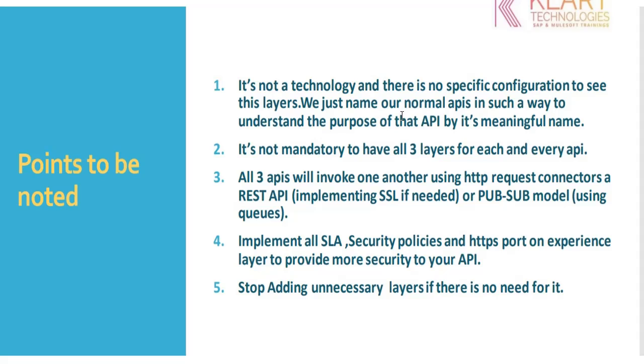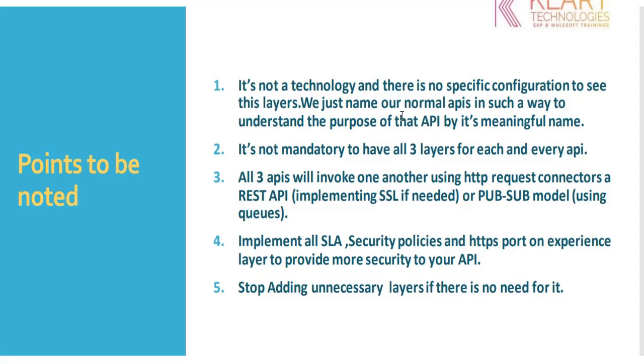And it's not mandatory to have all three API layers in each and every integration. For example, if you are working on a project in your organization, you don't need to implement all three layers, system, process, and experience API, for your particular integration, because the requirement will depend upon the number of vCores they have as per their license.